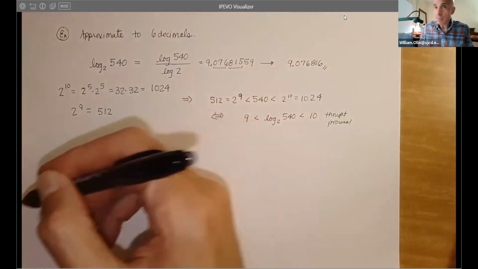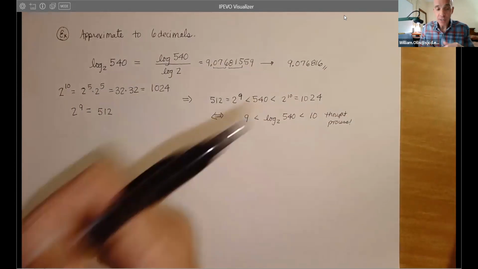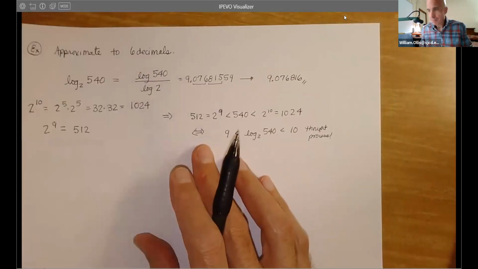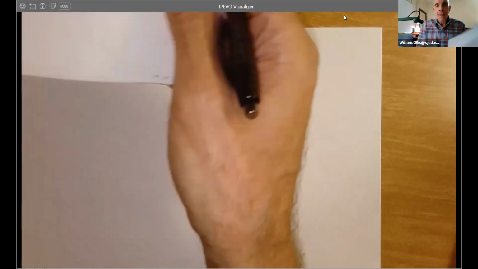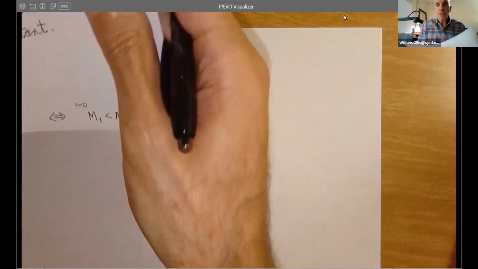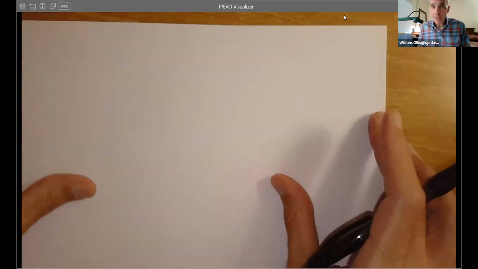Say we're working a science problem and we need a good approximation. Now, that pretty much covers everything that I want to say about utilizing the logarithmic properties and change of base.